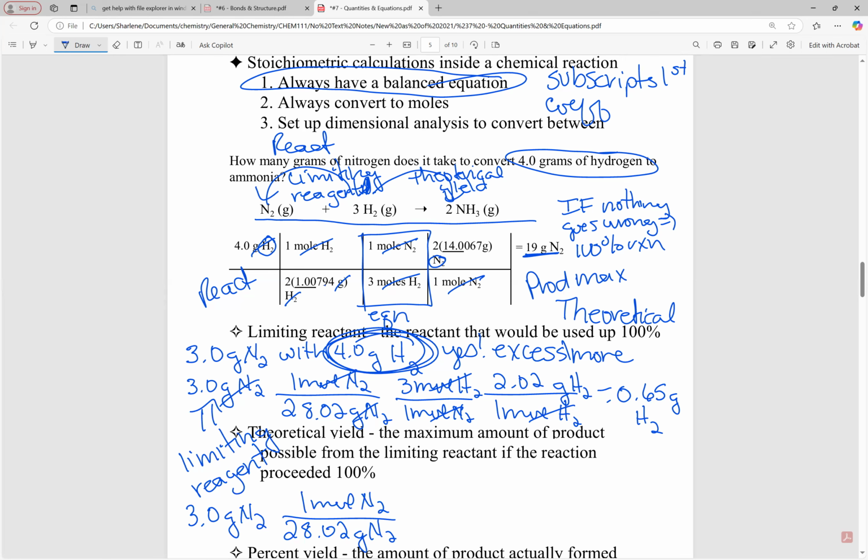Do you have a relationship between nitrogen and ammonia? Well, in this equation, yes, it's 1 mole of nitrogen to make 2 moles of ammonia. But I don't want to be in moles. So for every 1 mole of ammonia, I'm going to make basically 17.0 grams of ammonia.